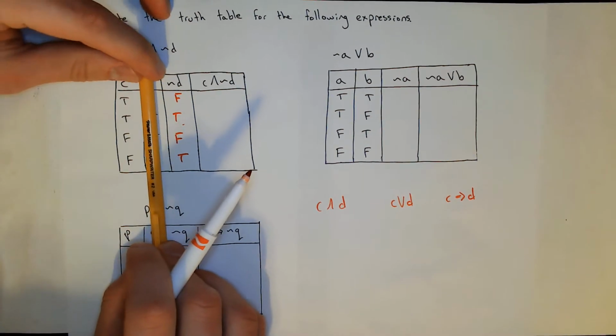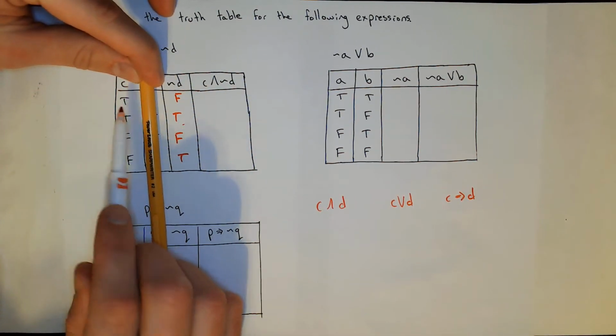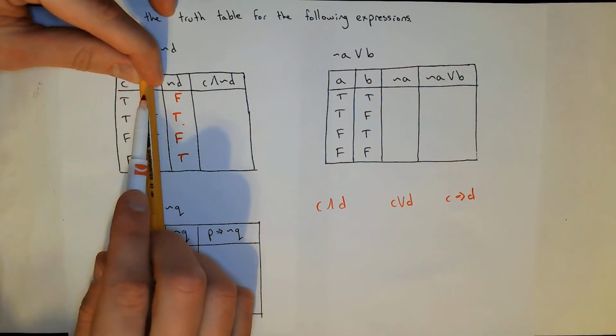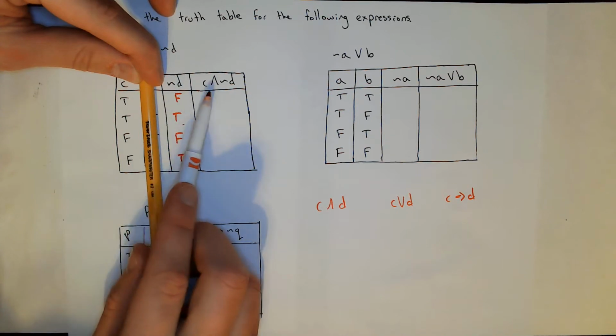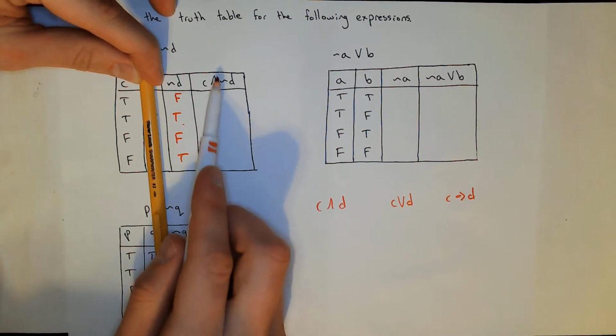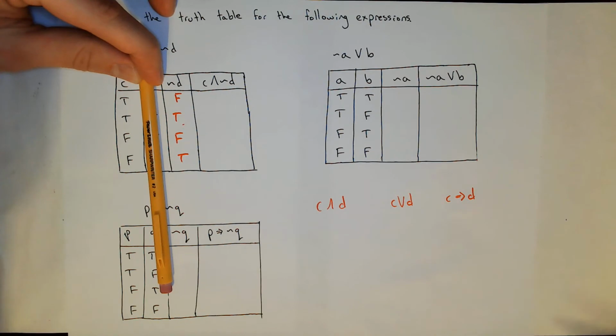Now I want to connect this column with this column, because now I have that piece, C and the negation of D. I'm saying and because that's what that symbol means. The rule for an and is that it's only true when both pieces are true.